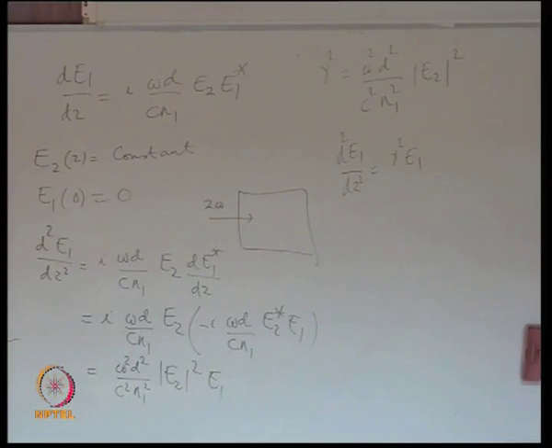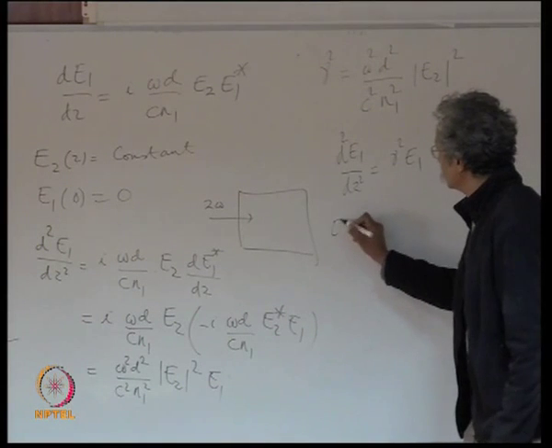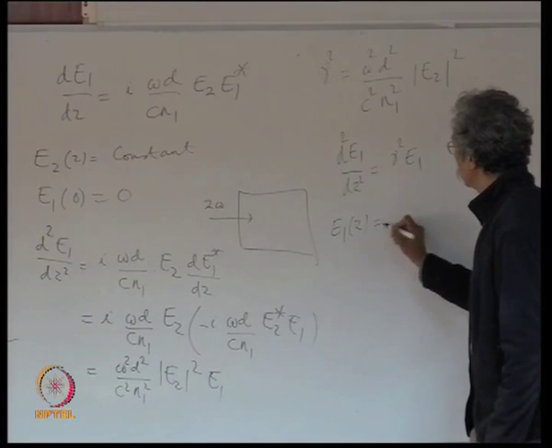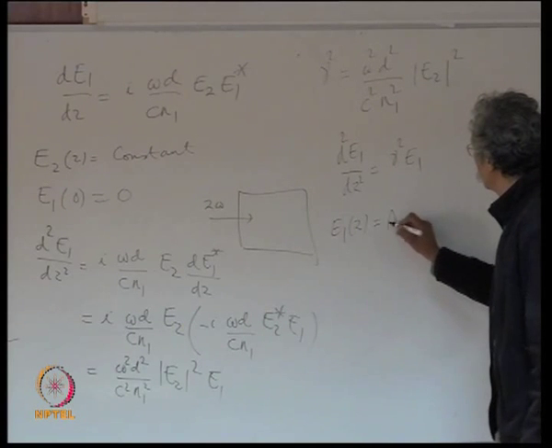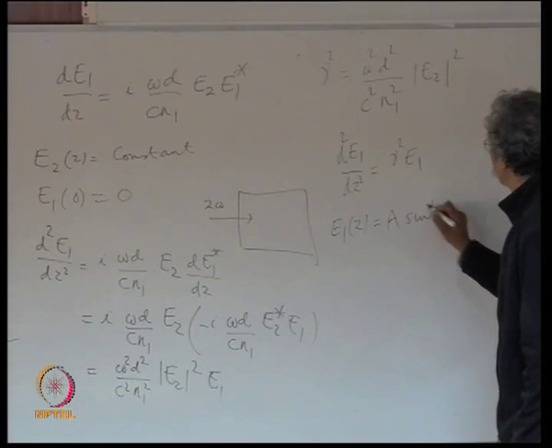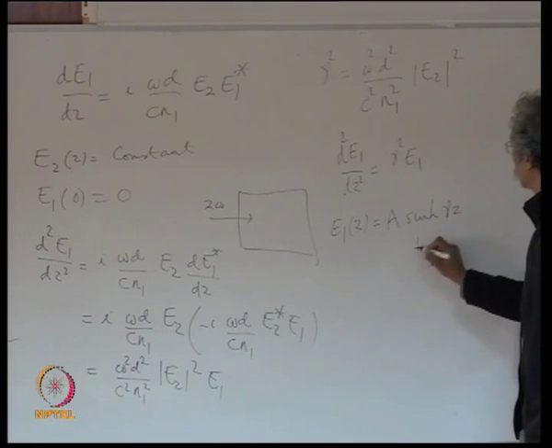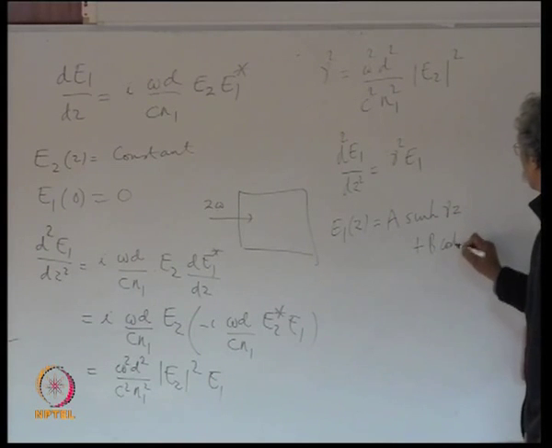What is the solution? E1 of z is equal to, or in terms of hyperbolic functions, what will it be? A sinh gamma z plus b cosh gamma z.